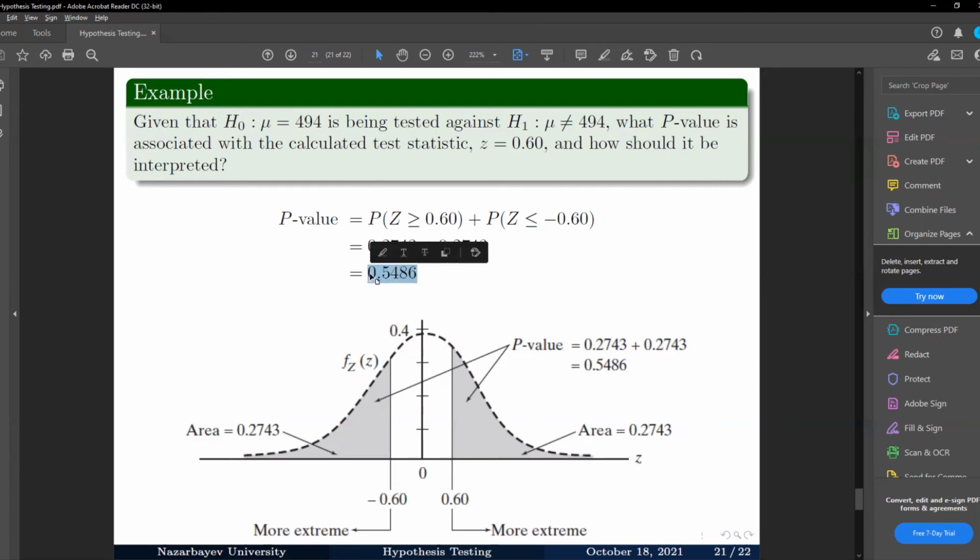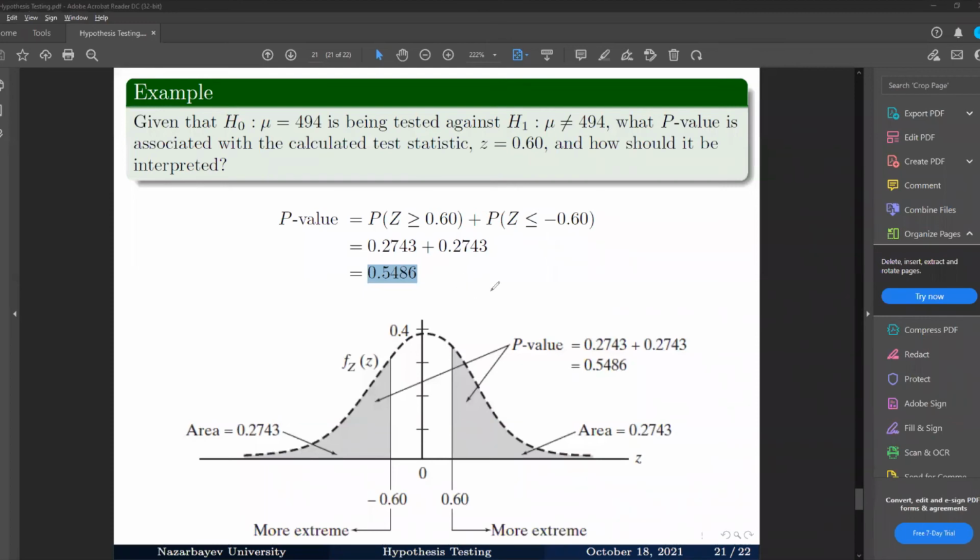The probability of getting a sample like this is equal to 55%. So it isn't very unlikely, meaning that you shouldn't reject your null hypothesis here. In fact, you will not reject the null hypothesis at the alpha equal to 0.05 significance level, since this probability is much greater than your significance level.